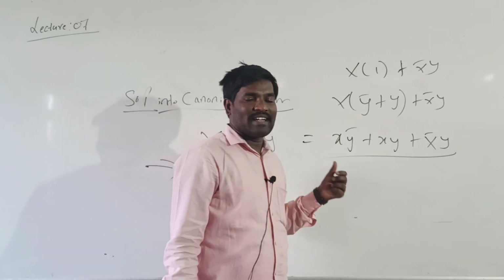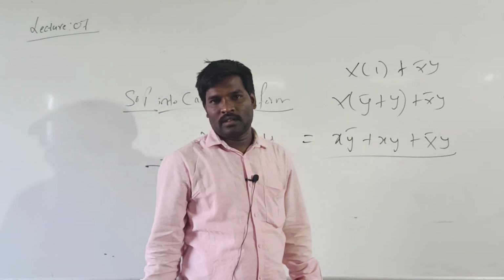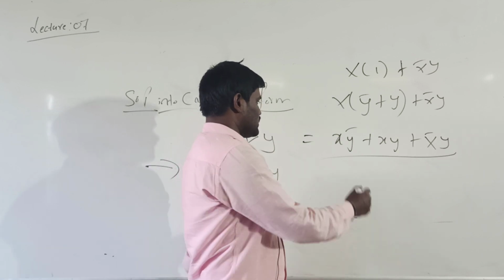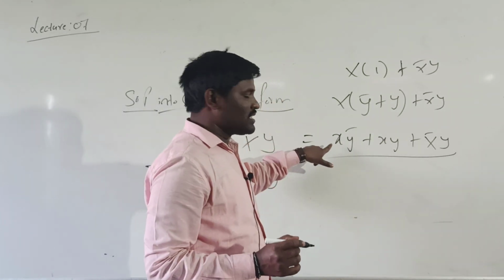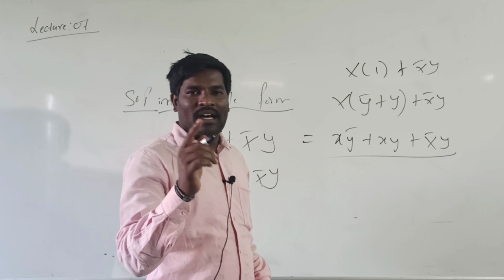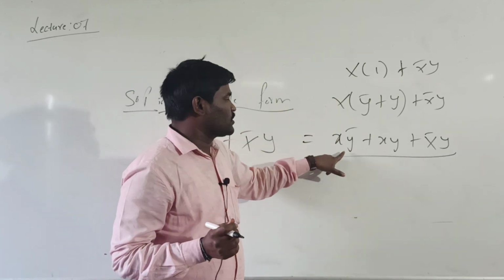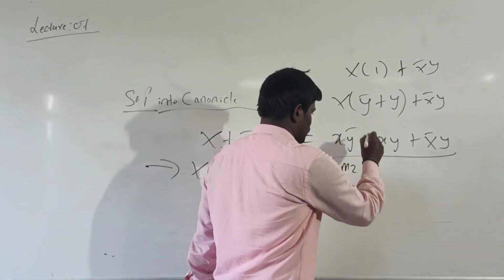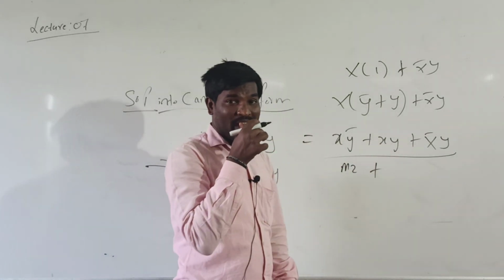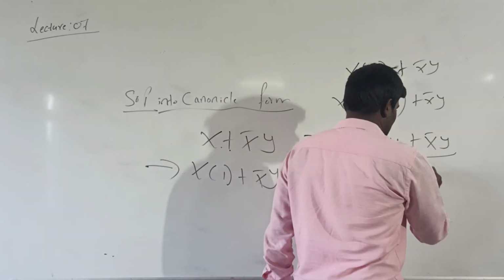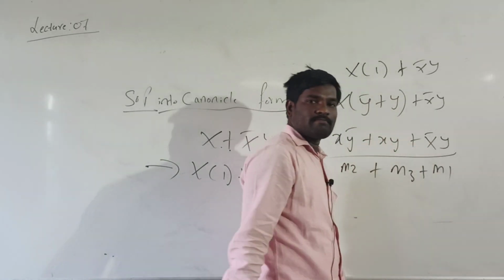Now you have to write the position. Here x y bar is there. In a min term, 1 indicates x and 0 indicates x bar. Here 1 0 is m2, plus x y, 1 1, is m3, plus this is m1.